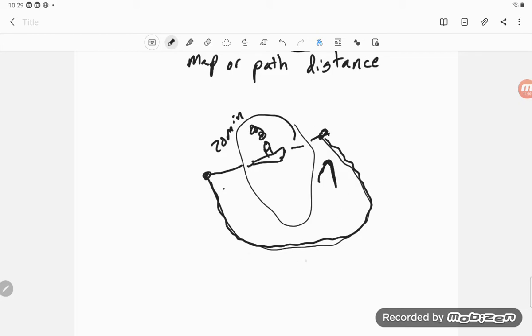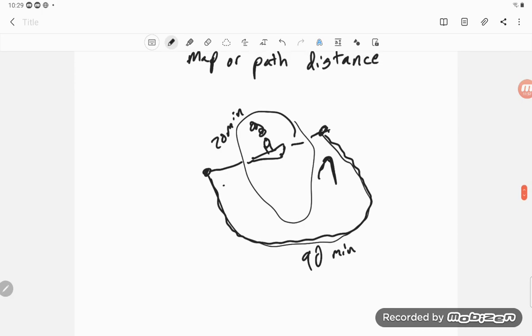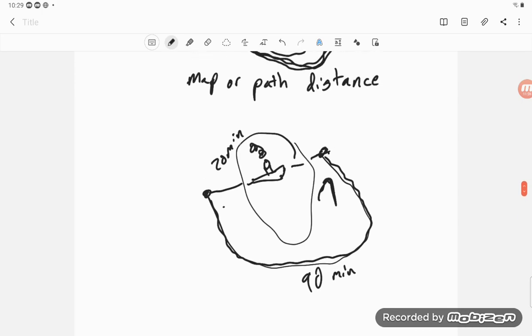Maybe this is 90 minutes. And so now here, I'm not really interested in a true distance anymore, as in something measured in feet or miles or yards or something like that. Now, really my measure of distance, or how far is it, is time.